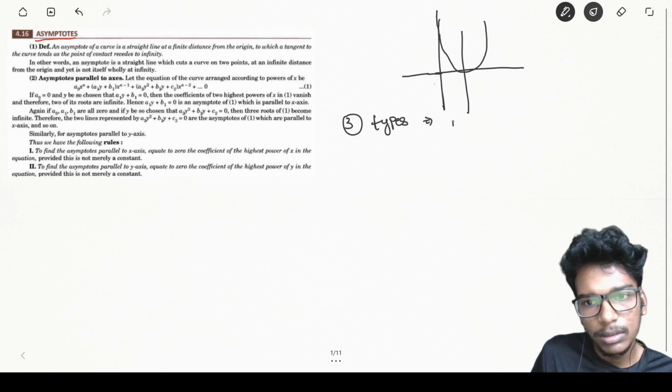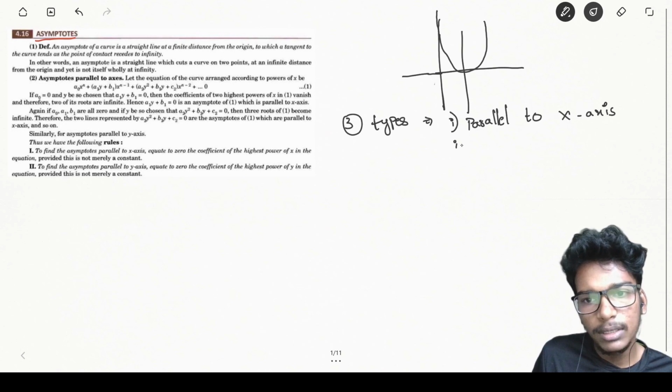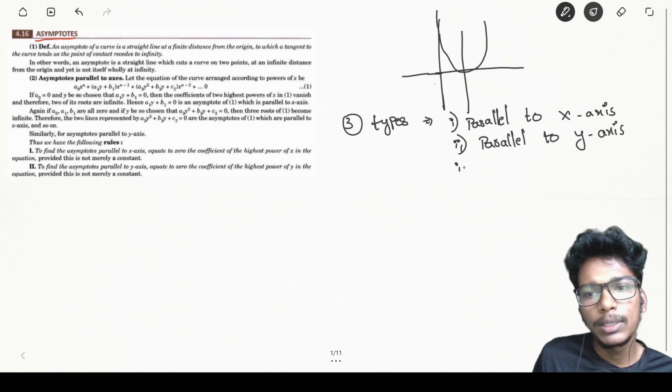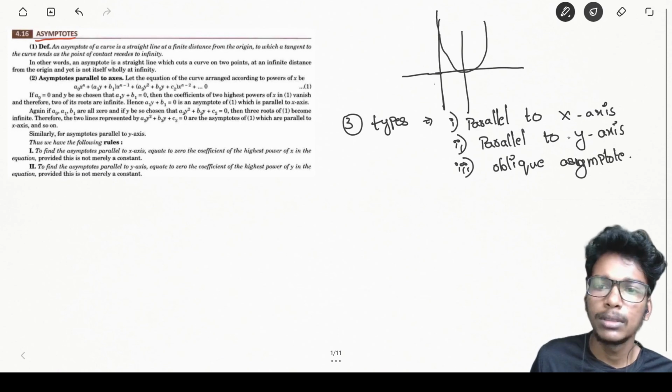One is parallel to the x-axis. The second one is parallel to the y-axis. The third one is oblique asymptote. These are the three types of asymptotes we have.